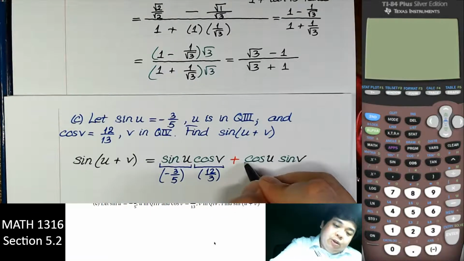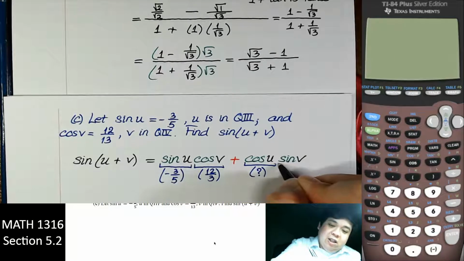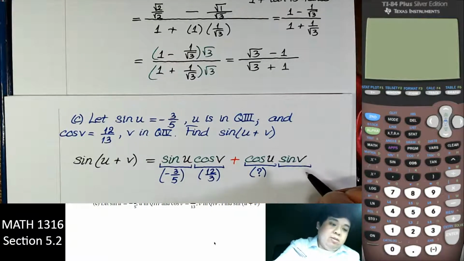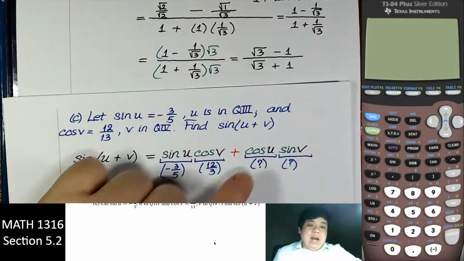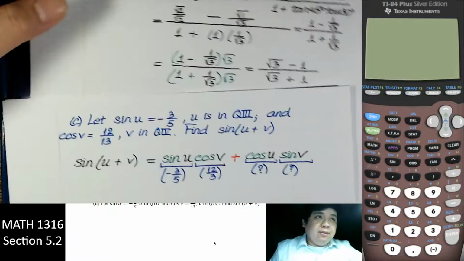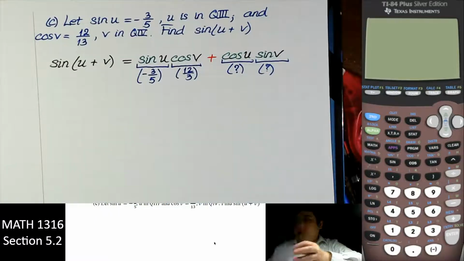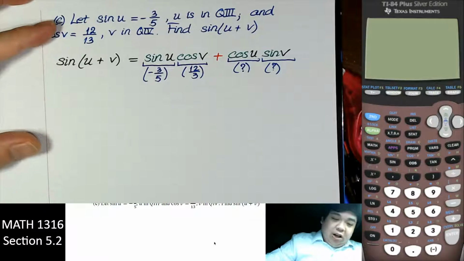Cosine of u, we don't know that. And sine of v, we don't know that either. Meaning that we have to find those two first. Once we know them, we put them back in here. Alright, first, trying to find cosine of u.